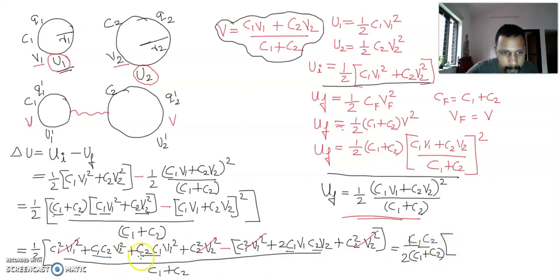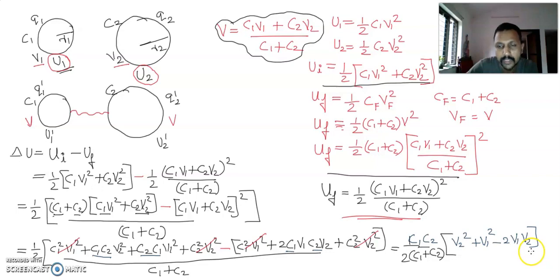Then over here it will be V2 square plus V1 square, and in this it will be minus 2 V1 V2. If we are taking C1 C2 and expanding the bracket, minus 2 V1 V2. Clear?